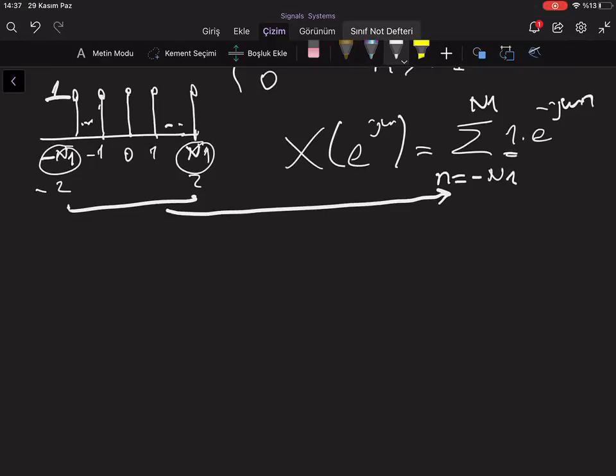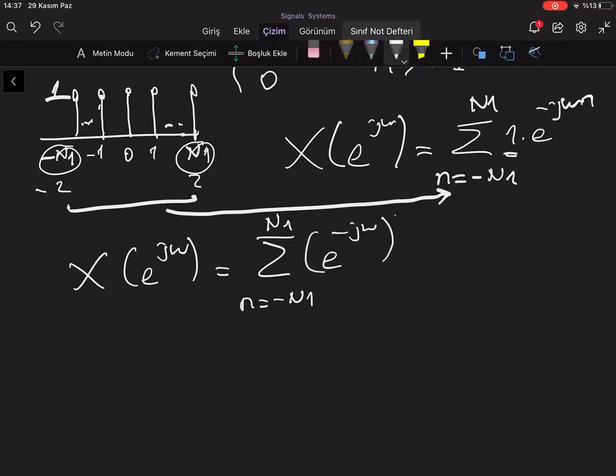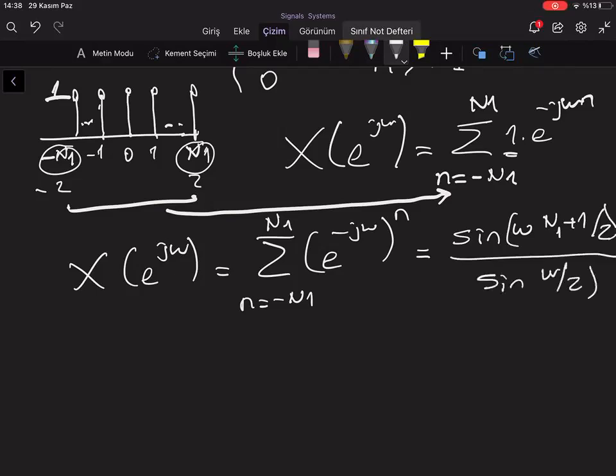Then the result is going to be sine of omega times (n1 plus 1/2) divided by sine of omega over 2.